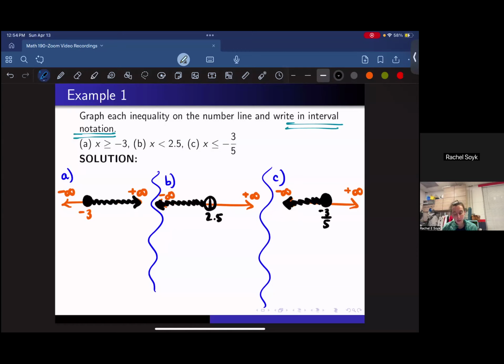We now want to put this into interval notation. So hard bracket, -3 to infinity for the first one. Soft bracket, -infinity to 2.5 for our second. And soft bracket, -infinity to -3/5 for our third.